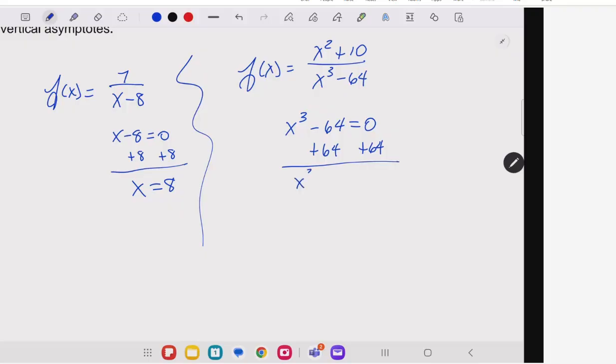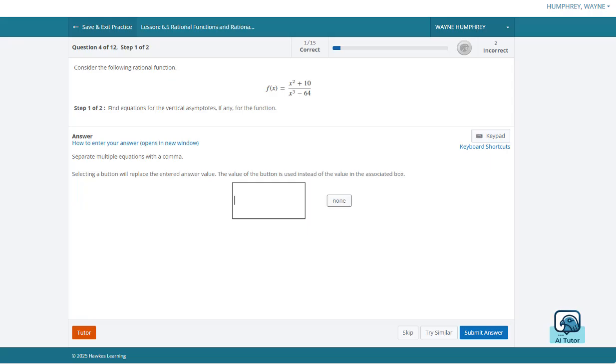There are some imaginary solutions to it, but we don't worry about those for the asymptotes. And I'm going to take the cube root of both sides. So I get x equals 4. Now, since the numerator does not factor, nothing will cross out, so that is indeed our vertical asymptote. So let's type that in, x equals 4.